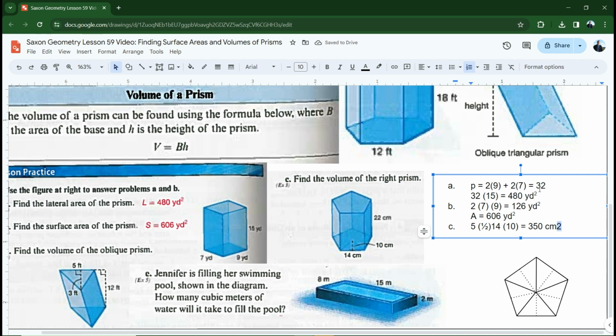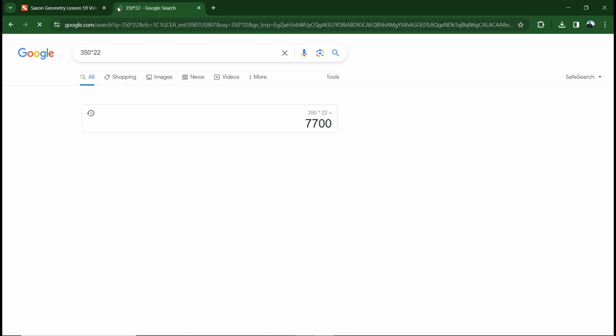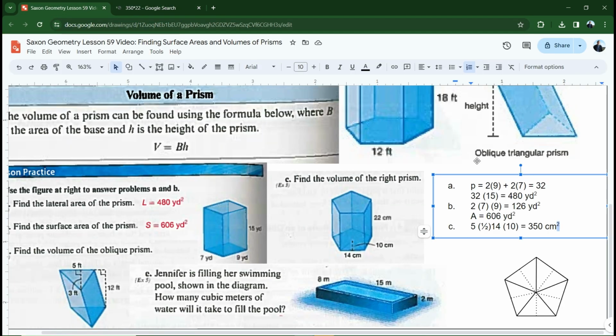And that's the area of the pentagon at the bottom. Now, I should be able to take that and multiply it times the height. Let's see if I can do that. This is going to be 350 times 22 using a calculator, 7,700. Let's see if we get this correct.